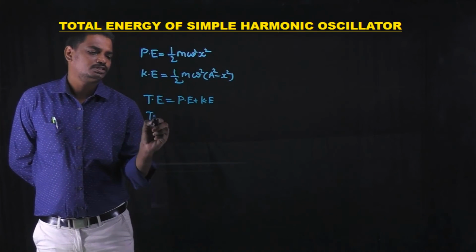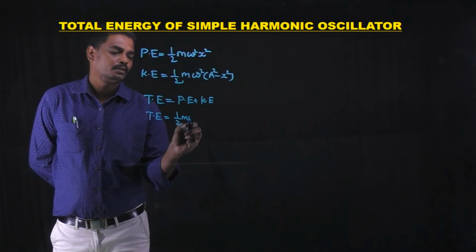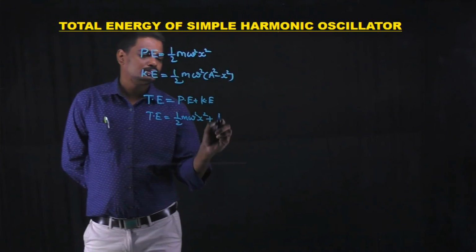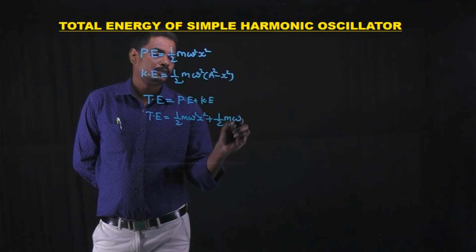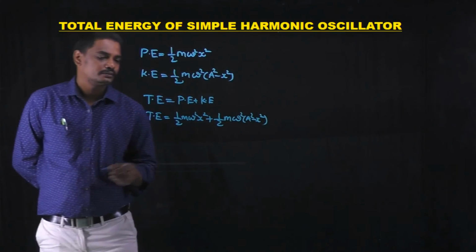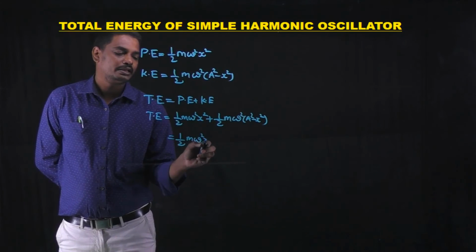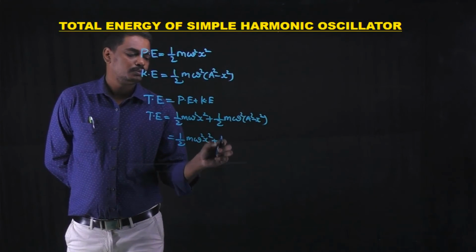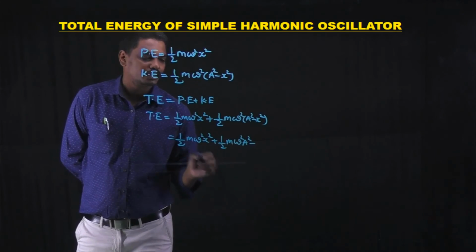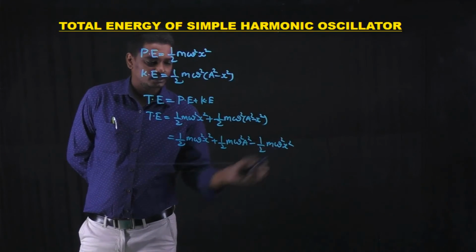So total energy is equal to potential energy half m omega square x square plus kinetic energy half m omega square into a square minus x square, which is equal to half m omega square x square plus half m omega square a square minus half m omega square x square.